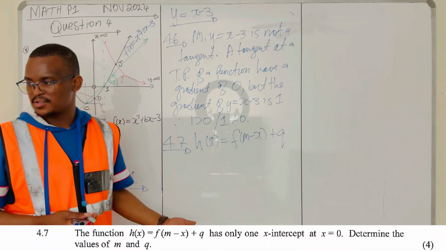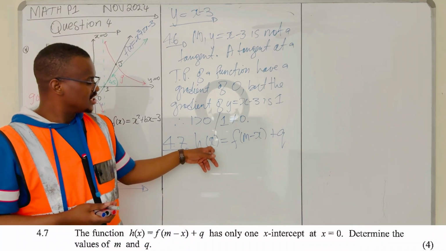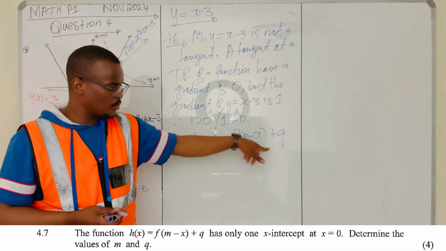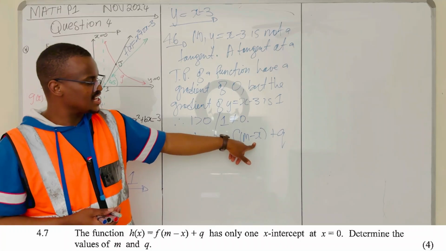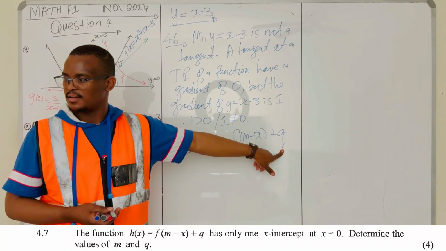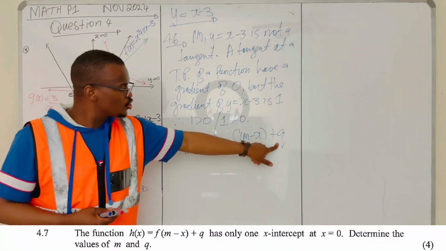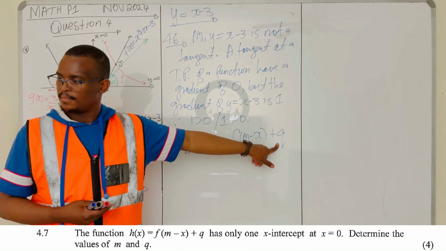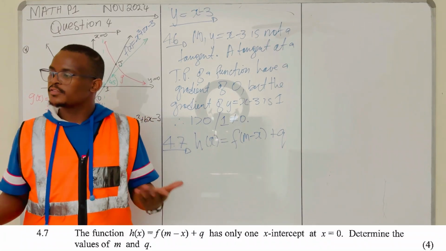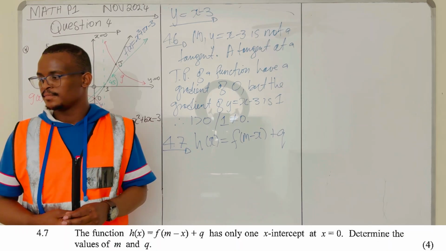So h is obtained by transforming f, which means whatever you did here and whatever you did there. They want us to find the values of m and q, which are the values of that transformation of yours.